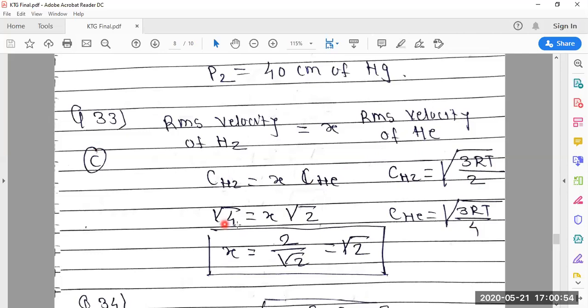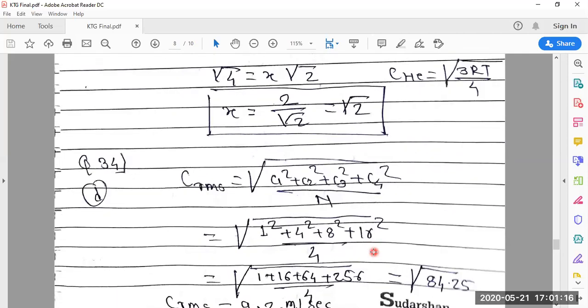So we get under root 4 is equal to x times under root 2. Then x is equal to 2 upon under root 2, which is equal to under root 2. So the value of x is under root 2. For question number 33, the correct option is C. Next one, question number 34.